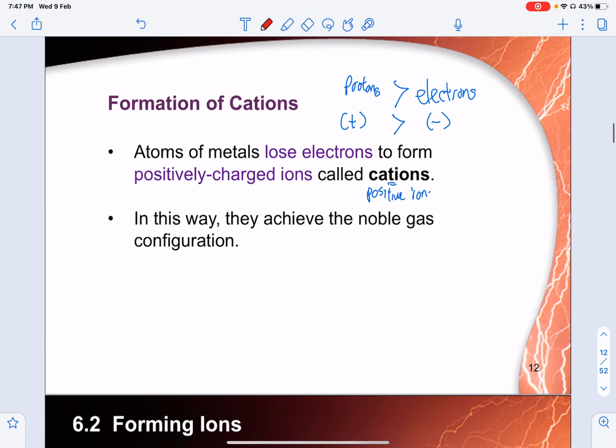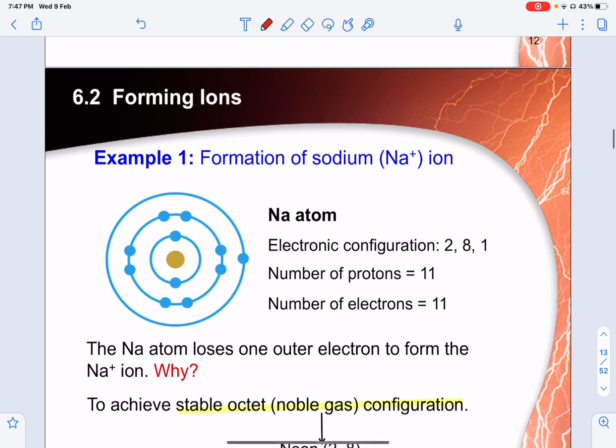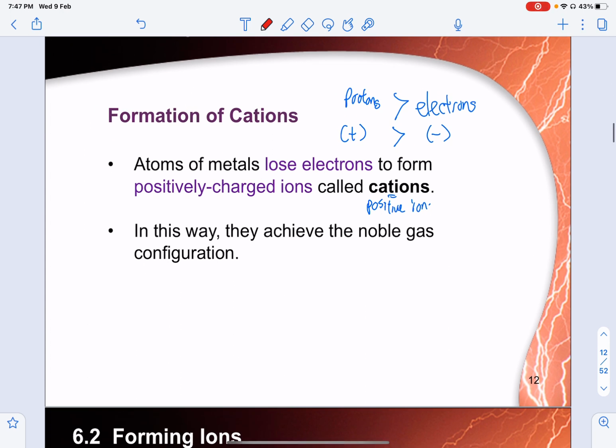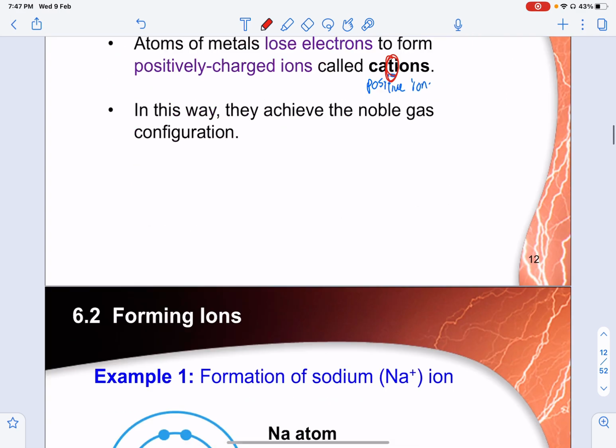Now, why is this so? It goes back to how we look at the whole structure of the valence electron. Atoms of metals that lose electrons to form positive ions are called cations. And one way to remember is cat has a positive symbol, whereas anion has an N in it, so it's negative.